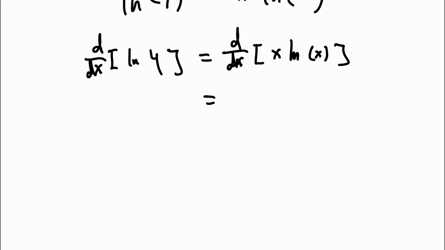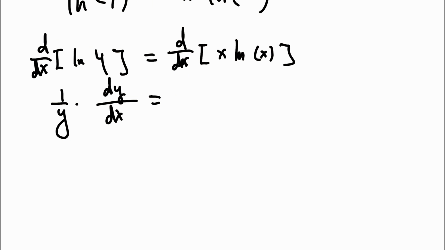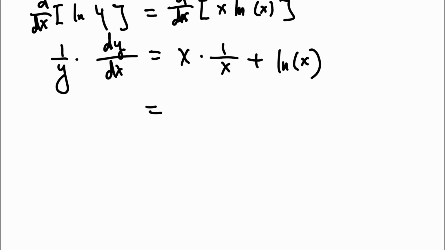We need to use the chain rule over here, and that is going to be 1 over y times the derivative of y with respect to x. And on this side, we need to use the product rule: x times this thing differentiated, so that's x times 1 over x, plus this thing differentiated, so that's just 1 times ln of x. Obviously this is just equal to 1, plus the ln of x.